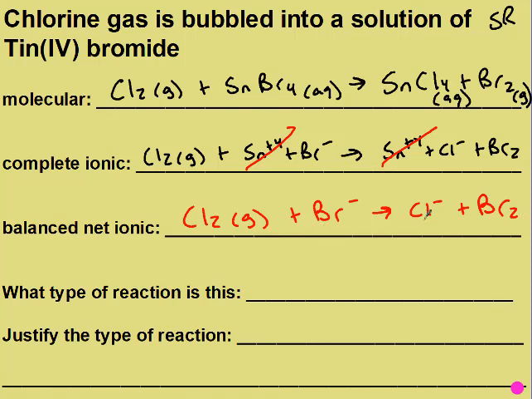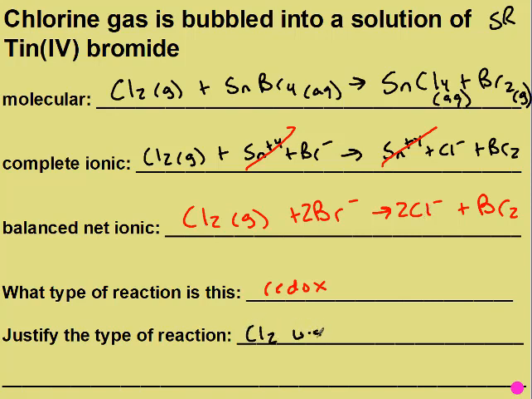Our charges are balanced, but our elements are not, so we need to put a 2 in front of chlorine and a 2 in front of bromine. Our charges and elements are balanced now, so that was our balanced net ionic. For our type of reaction, well, it was single replacement, which means we know it's a redox. But remember, for your justification, we need to say who was oxidized and who was reduced. So chlorine went from a 0 to a -1.